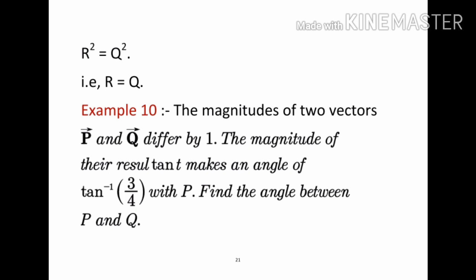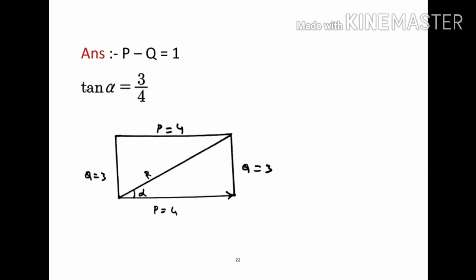And next one, the magnitudes of two vectors p bar and q bar differ by 1. The resultant makes an angle of tan inverse 3 by 4 with p. Find the angle between p and q. So to solve this, first follow the diagram. That diagram contains two vectors p and q, and p is taken as 4 and q is taken as 3.